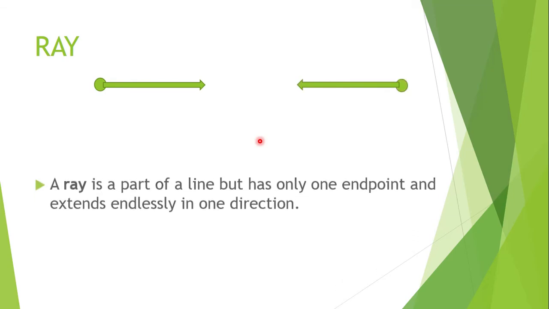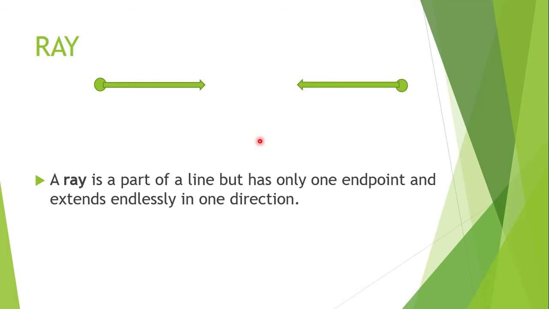Next, we have ray. This is an example of a ray. The definition of a ray is a part of a line but has only one endpoint and extends endlessly in one direction. So as you can see in the figure, may endpoint dito siya nag-extend to the right.